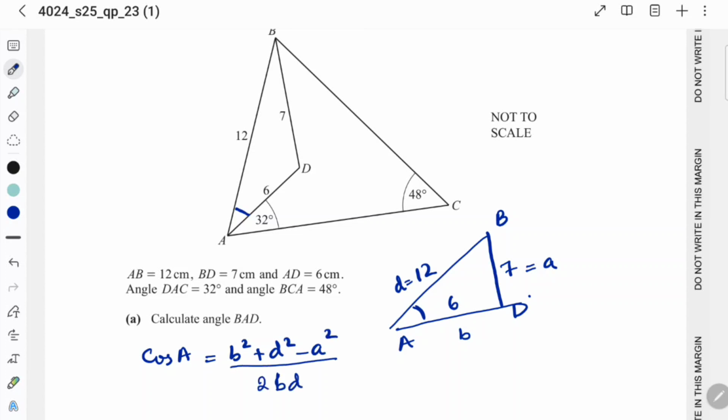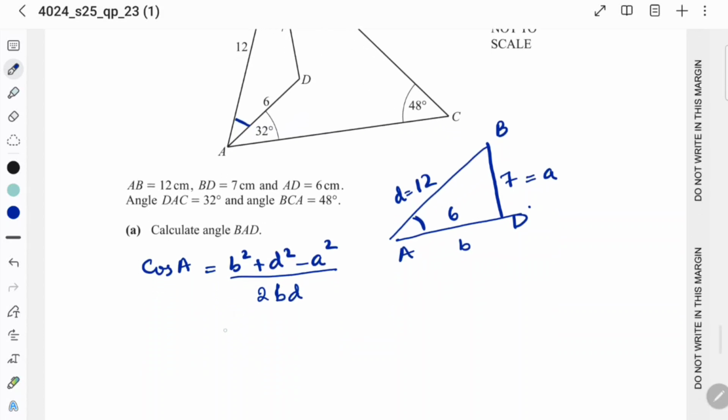When 3 sides are given in a triangle, you can use the cosine rule to find out any angle. So this is 6 square plus 12 square minus 7 square divided by 2 times 6 and 12, and then you will find out the inverse of the same thing.